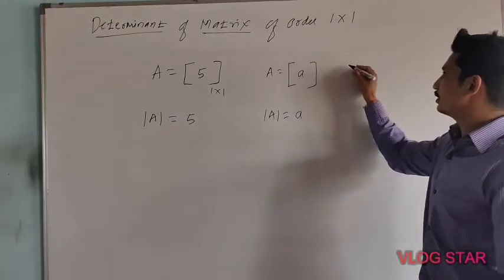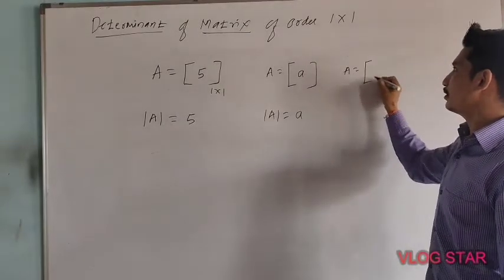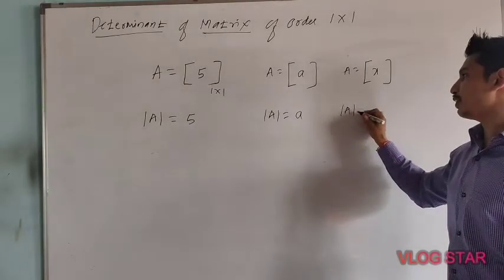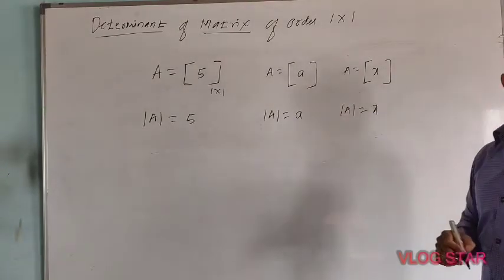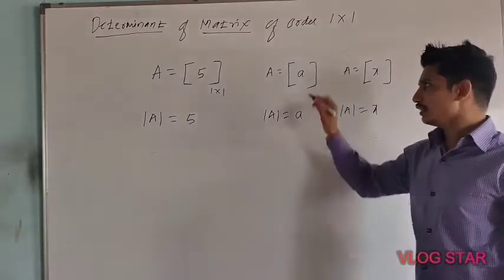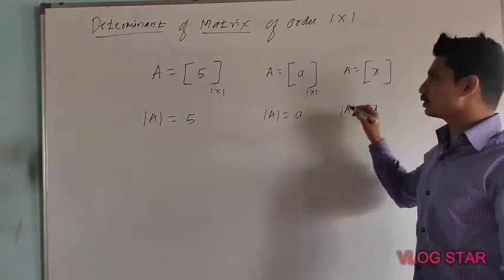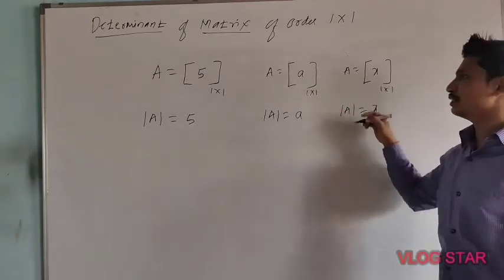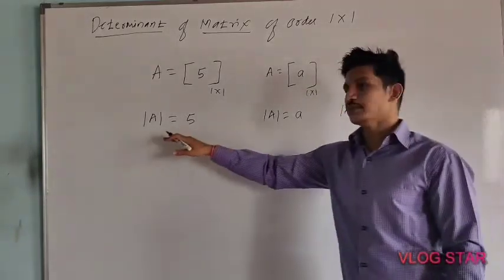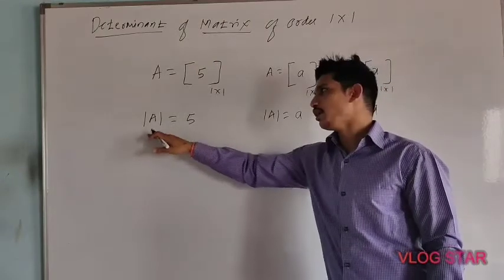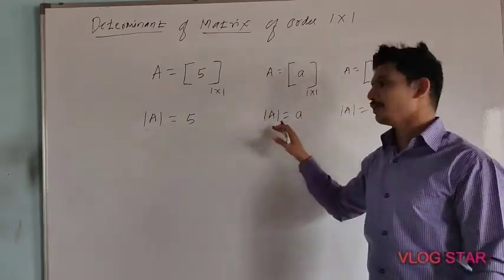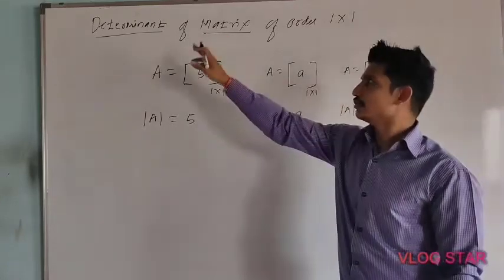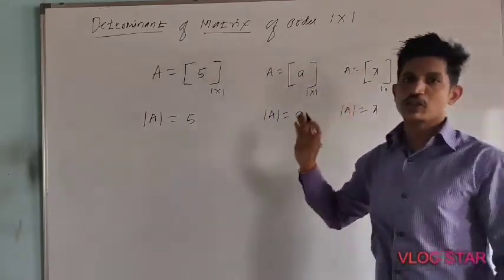If you write A as x, then the determinant of A is x. So if the order is 1 cross 1, the value is the same. This is the determinant of a matrix of order 1 cross 1.